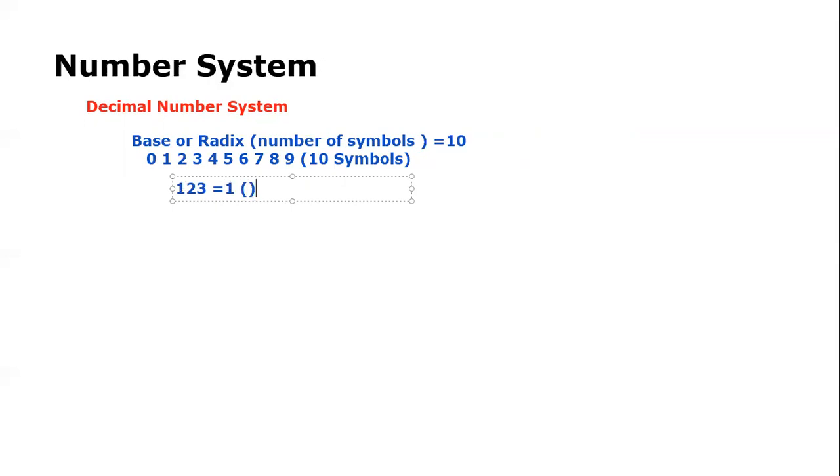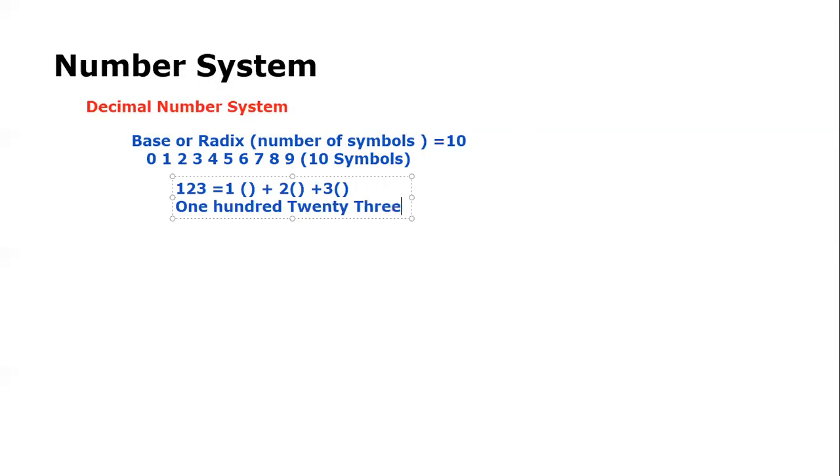What is the weightage, or the worth of every digit present in the number? 123 can be called 100 and 23.